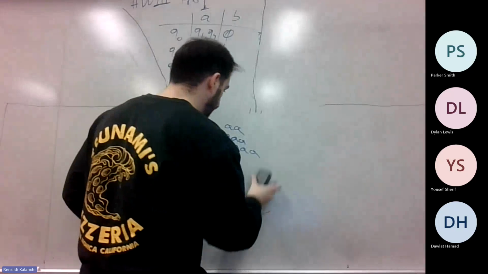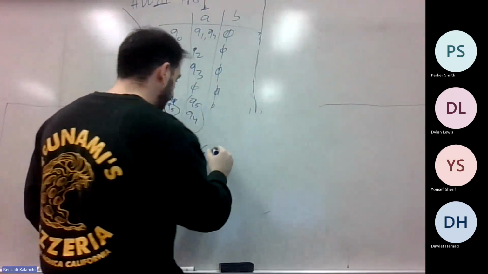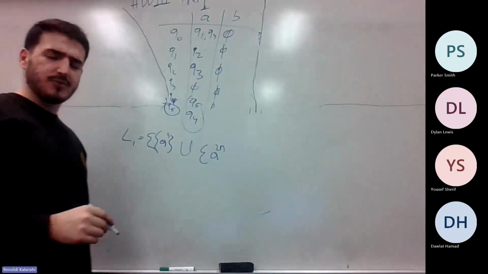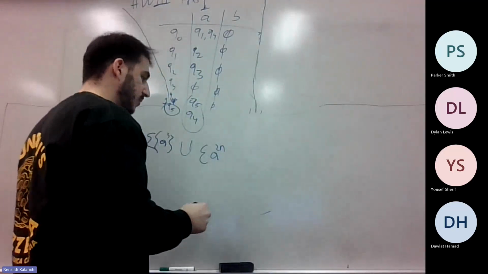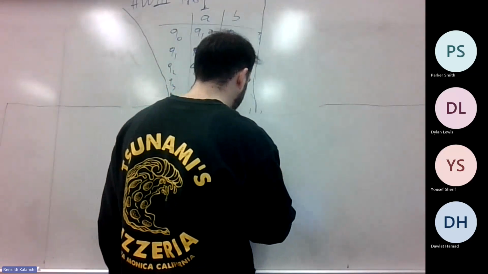We can write that as A2N, just like the second problem from homework 2, where N is bigger than 0.